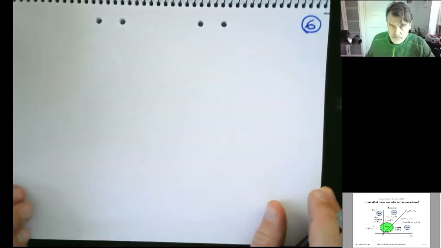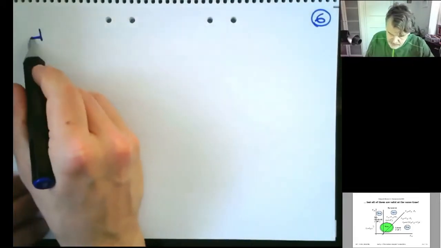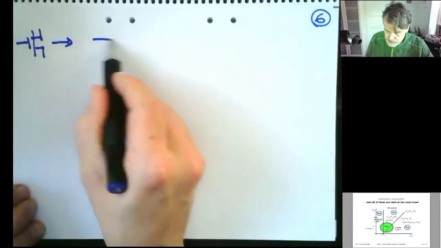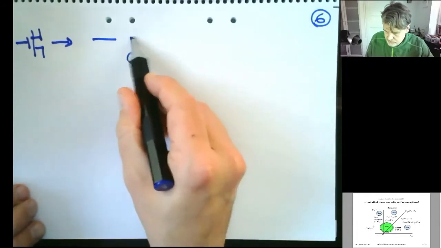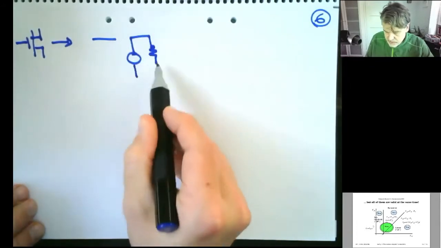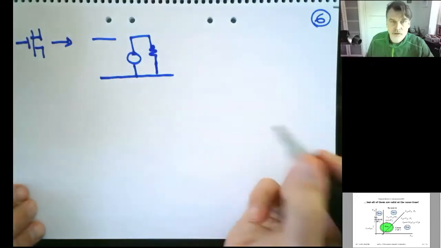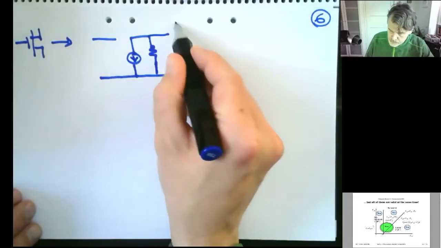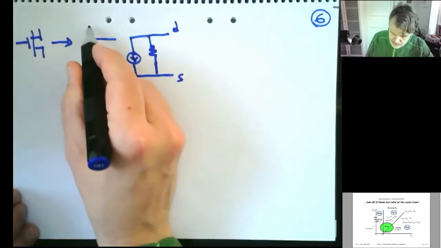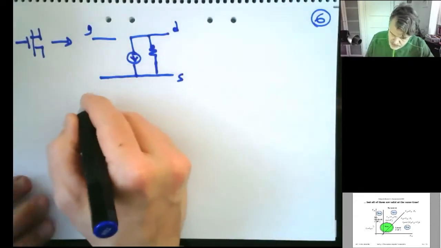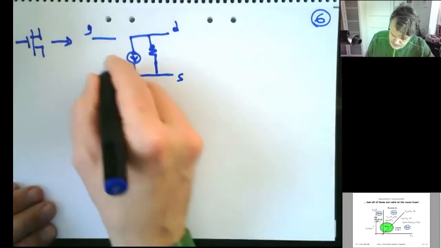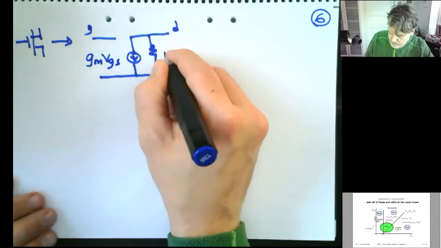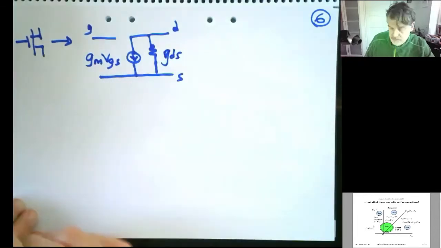All right, so we said that a transistor linearized using Taylor expansion can be written like this, and then use a conductor instead of a current source at the output, like this. Drain, source, gate. And this is now GM times VGS, and this is GDS here.